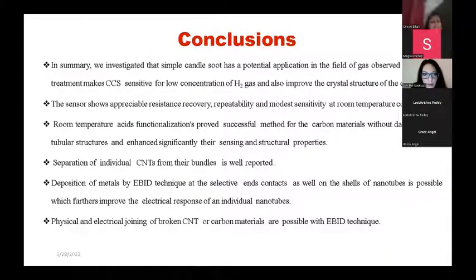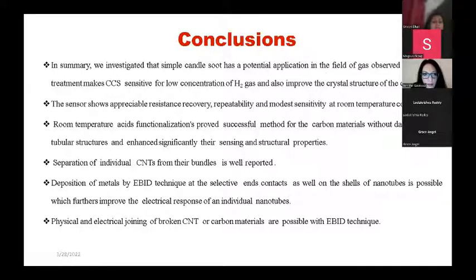So in summary, we can say that we can use tender carbon and tender carbon soot as a gas sensor, but the condition is that first we have to functionalize it. Otherwise, the sensitivity is very low. Also we found that resistance recovery, repeatability and modest sensitivity are possible with the carbon soot at room temperature conditions.